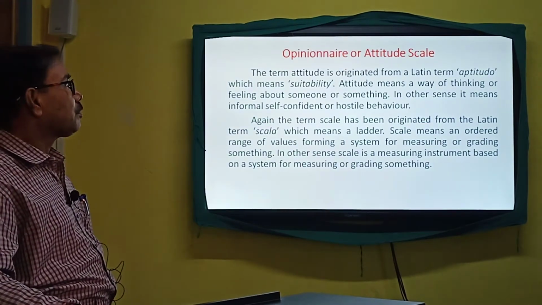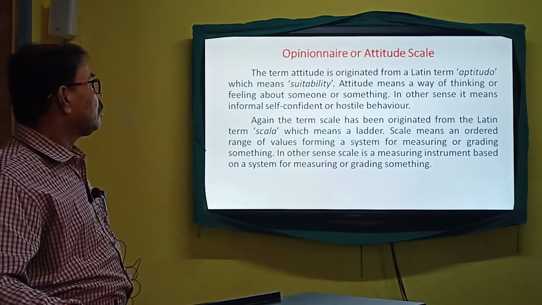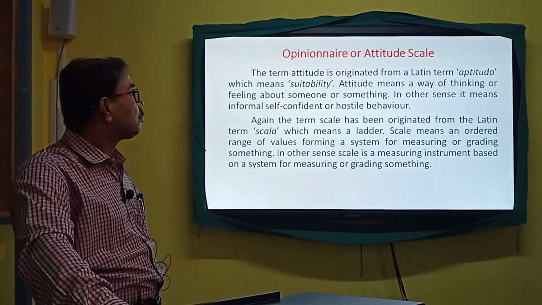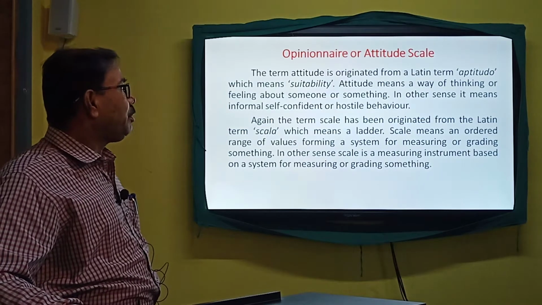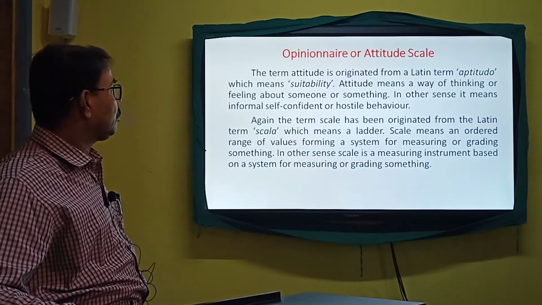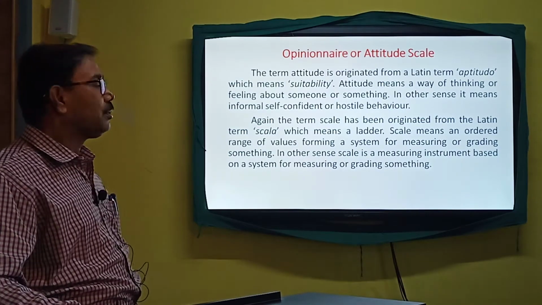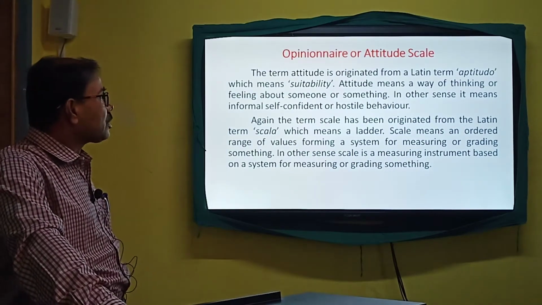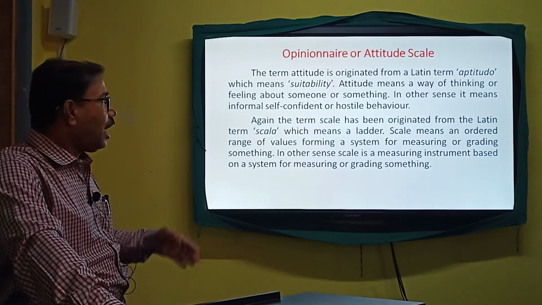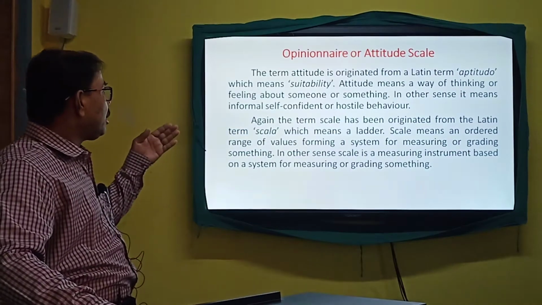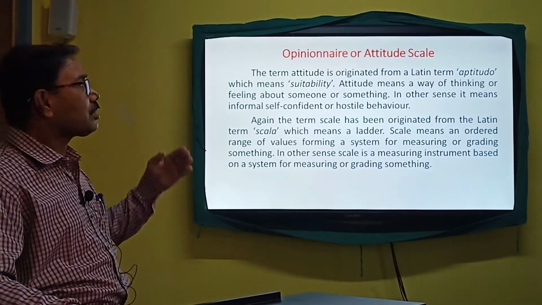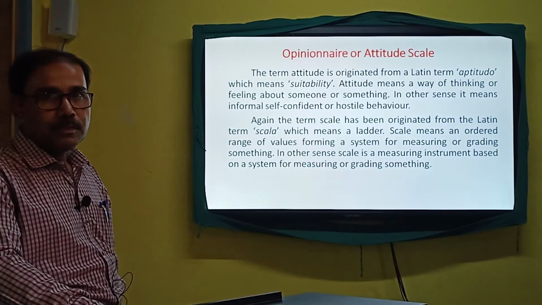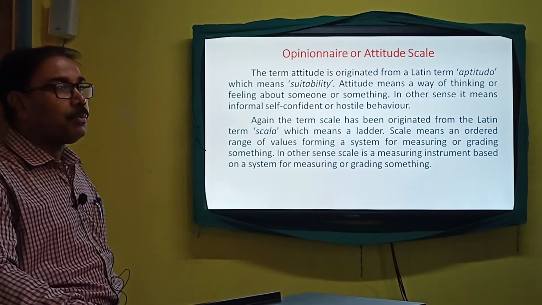And the term attitude means suitability. This way, attitude means a way of thinking or feeling about someone or something. In other sense, it means informal, self-confident or hostile behavior from psychological point of view.